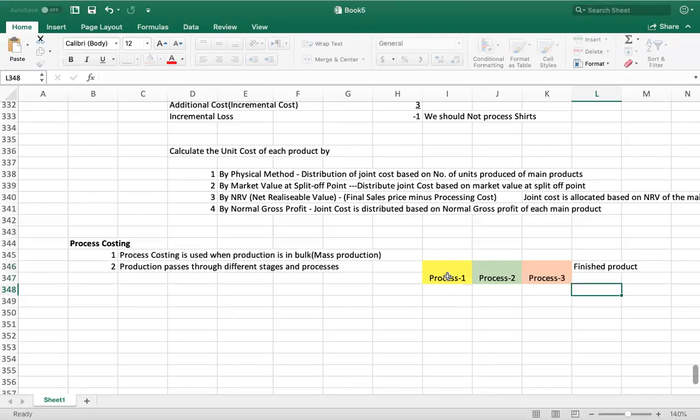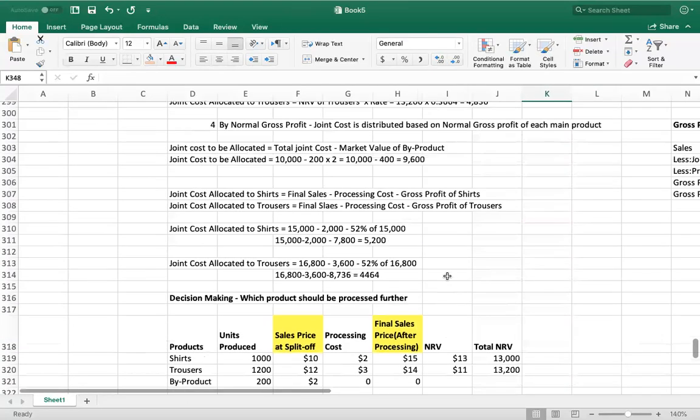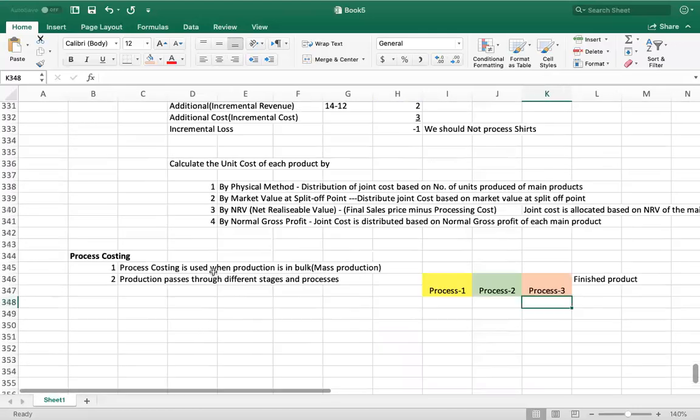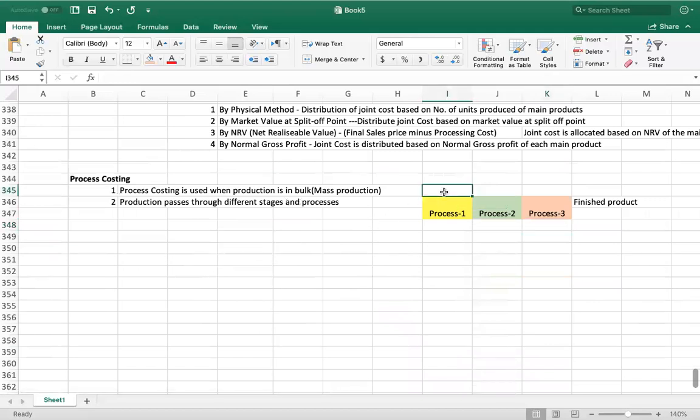Let me give you a very small example. We have a garment industry, making trousers and shirts. What will be our first process? What do we do in the beginning? We purchase raw material.